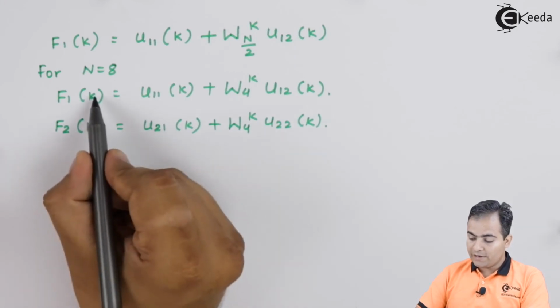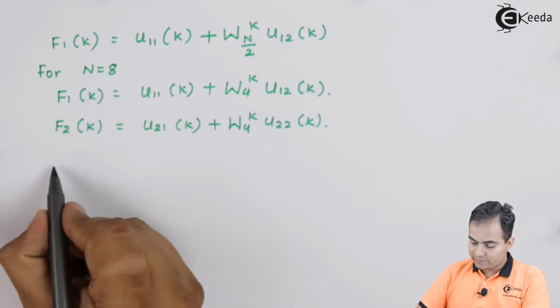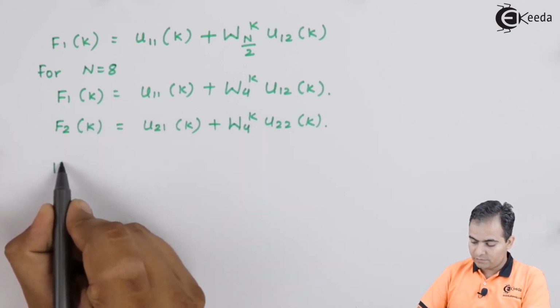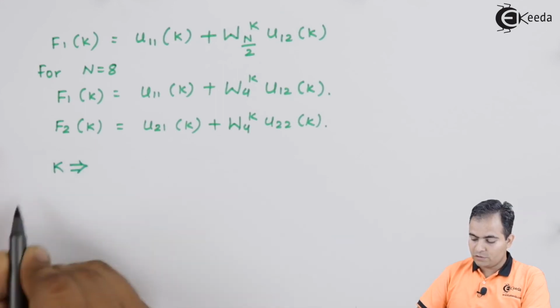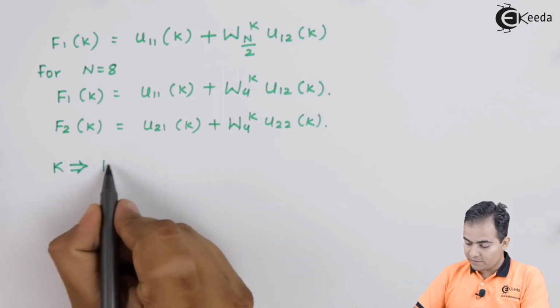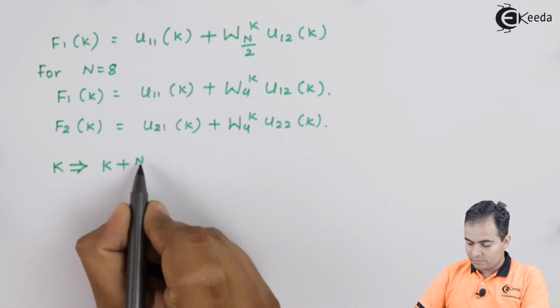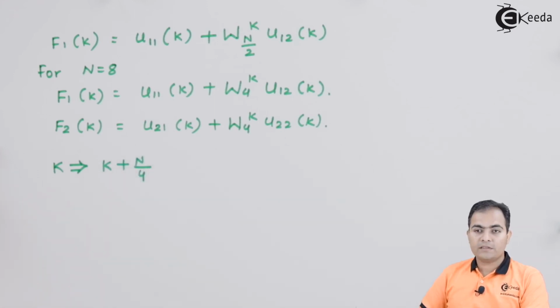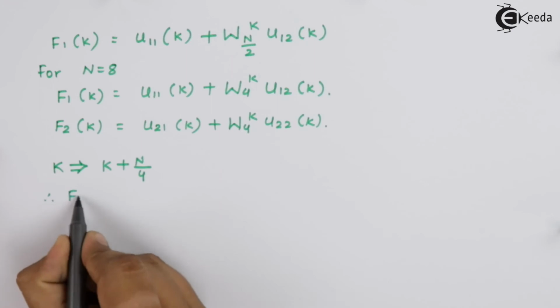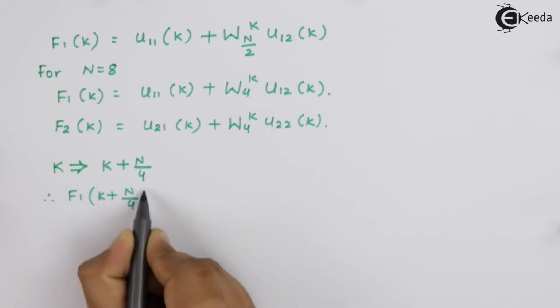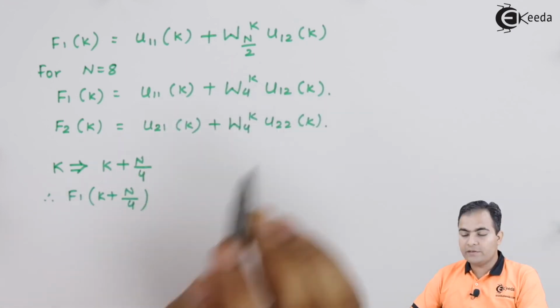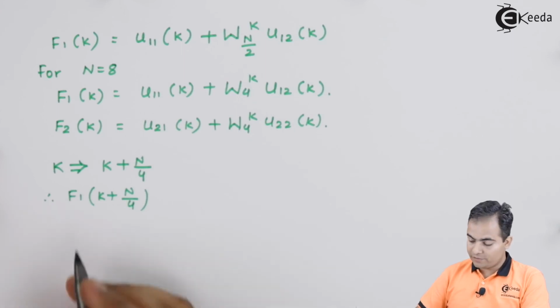Now I will add a delay in both the parts. So basically our k is replaced by k plus n by 4. All this k will be replaced by k plus n by 4.